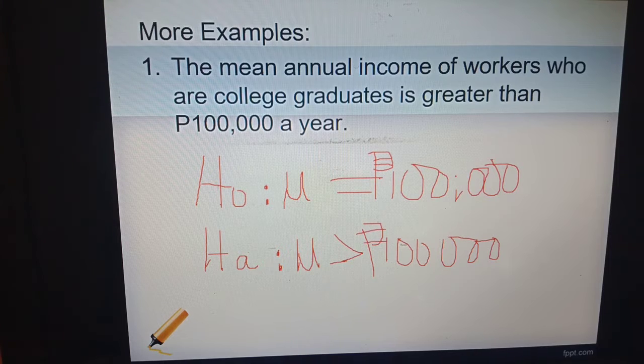Kasi doon sa acceptance and rejection region, magkaiba yon yung portion nito. Sa susunod na mga videos ay madidiscuss ko yung ibang steps. Ito kasi step 1 pa lang doon sa hypothesis testing. Okay? So, dito tayo sa number 2.